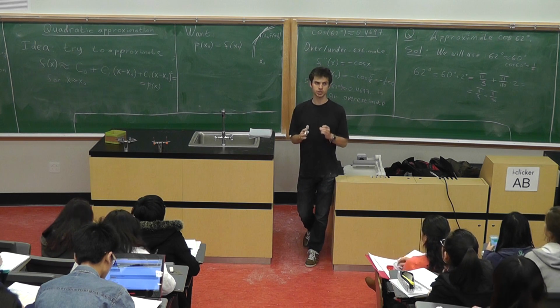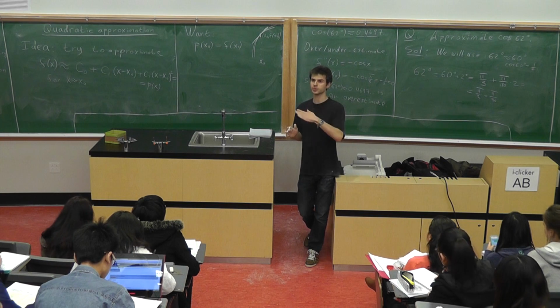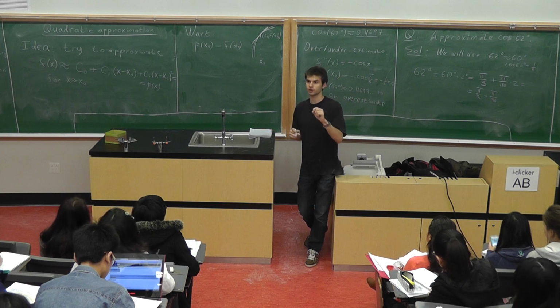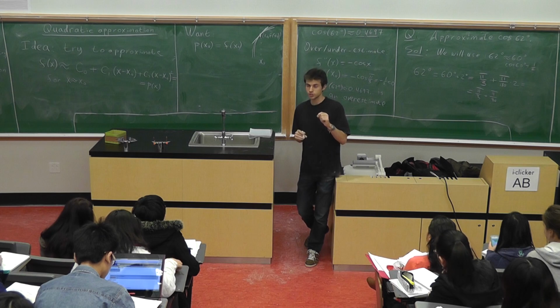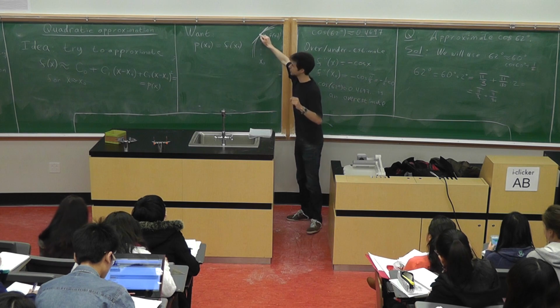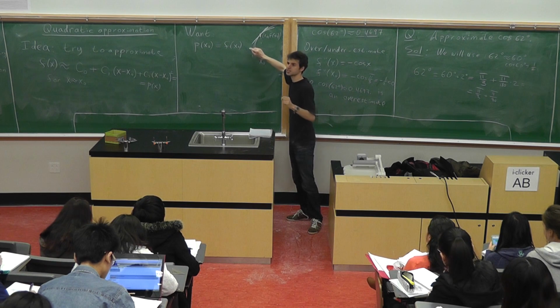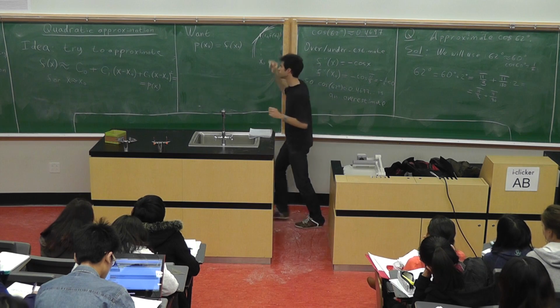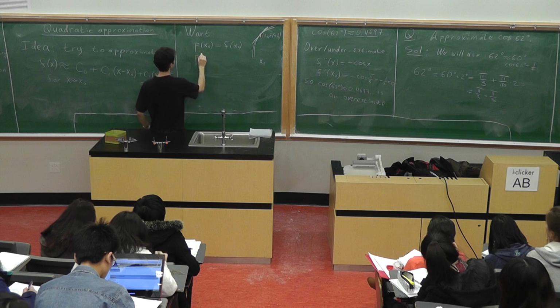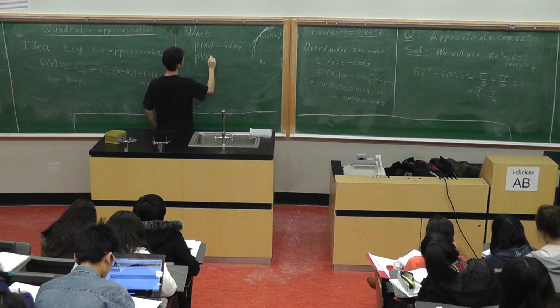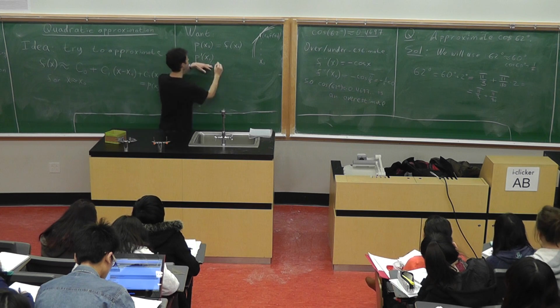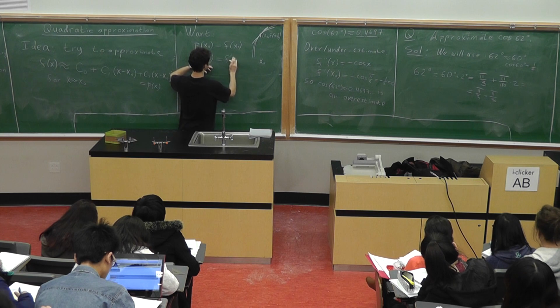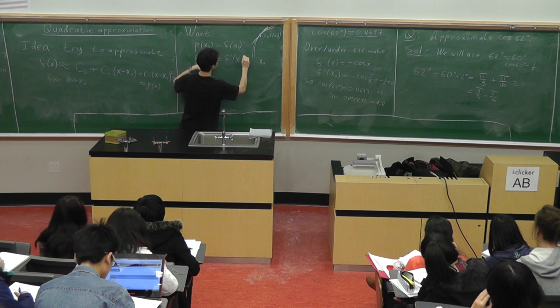In linear approximation, I was trying to choose among all possible lines the line which fits my graph the best. I chose the one which passes through the point on the graph and also has the same slope as the graph at this point. What does it mean? I want the slope of the tangent line of my parabola to be the same as the slope of the tangent line to the graph.